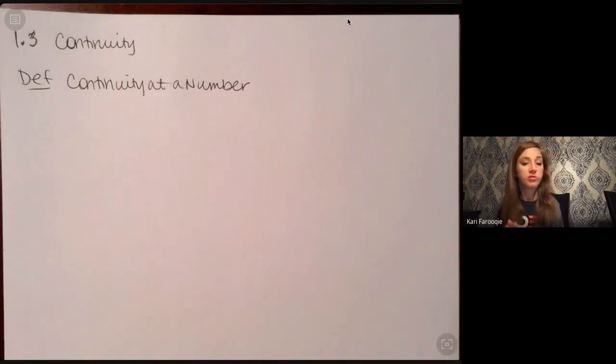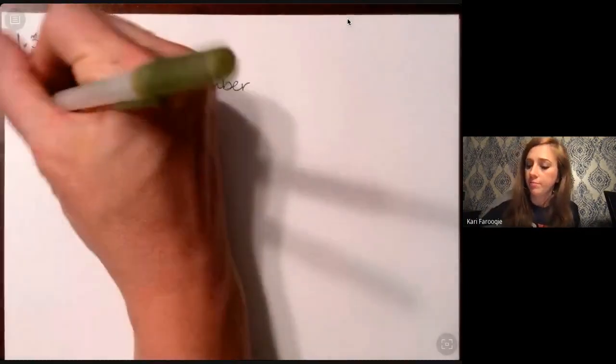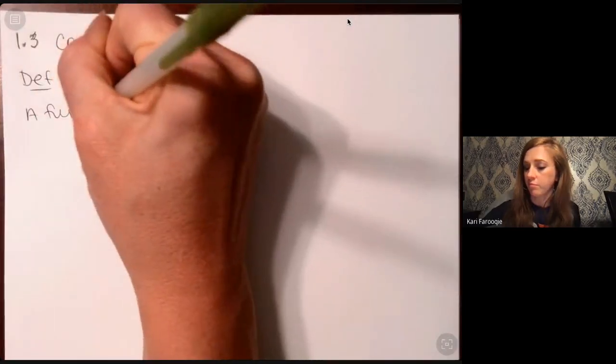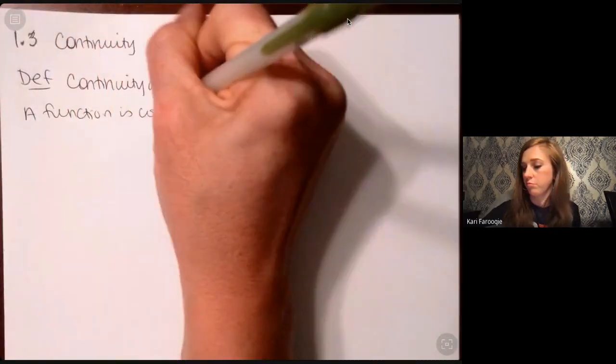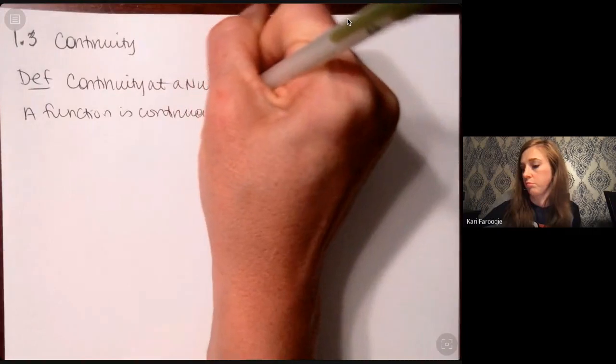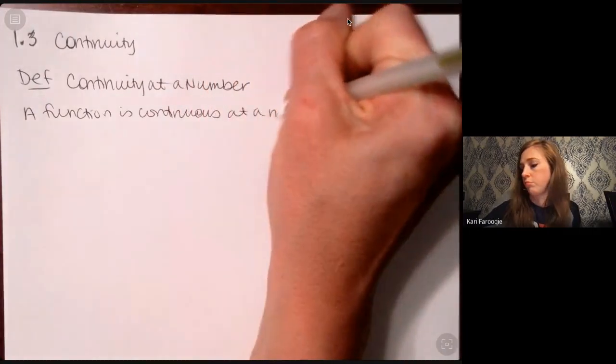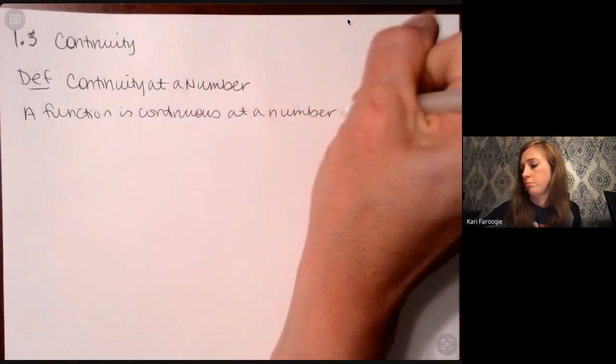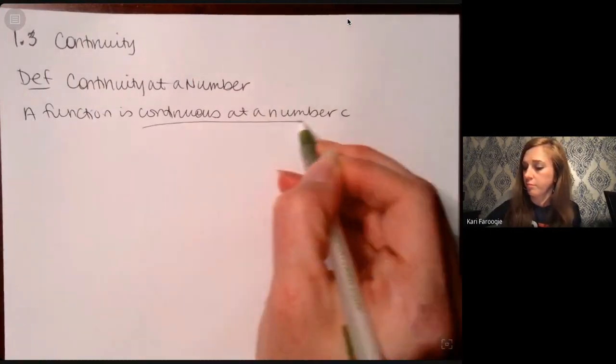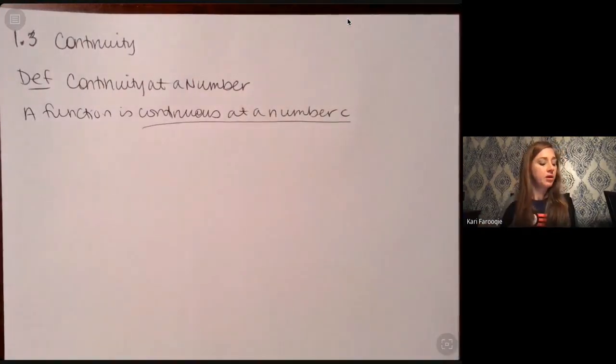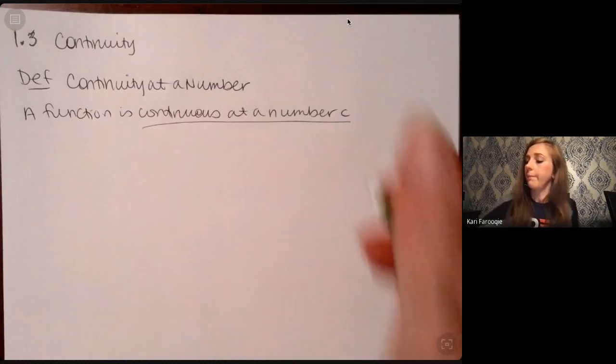A function is continuous at a number c if the following three conditions are met.